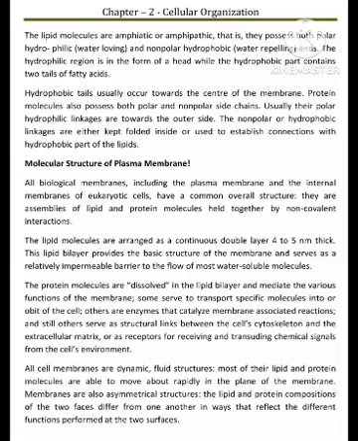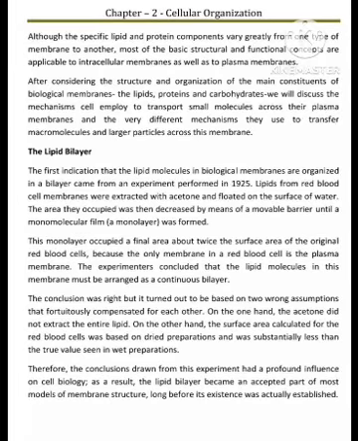Next slide, the lipid bilayer. The first indications that lipid molecules in biological membranes are organized in a bilayer came from experiments performed in 1925. This monolayer occupied a final area about the surface area of the original red blood cells, because the only membrane in red blood cells is the plasma membrane.